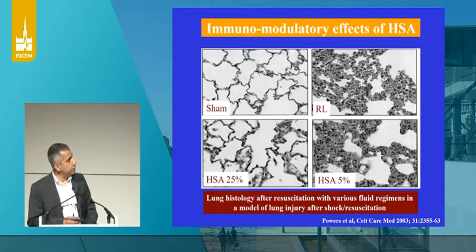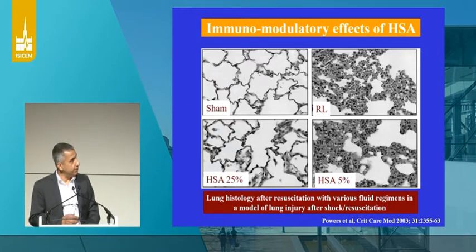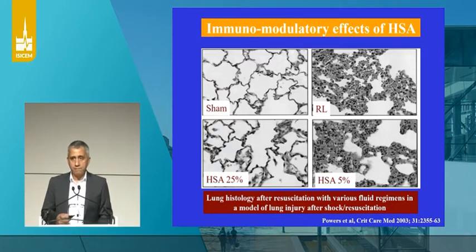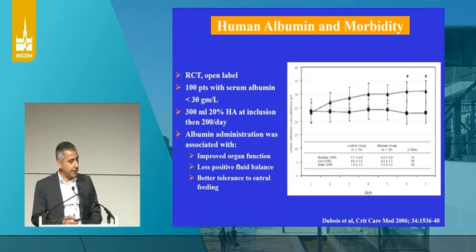But if you use human albumin of 25% concentration, you have much less inflammatory effect and fewer inflammatory cells. Which means that even within the albumin solutions, some may exert more antioxidant and immune modulatory effect and may have other properties rather than the volume expansion effect that you may expect from these solutions.